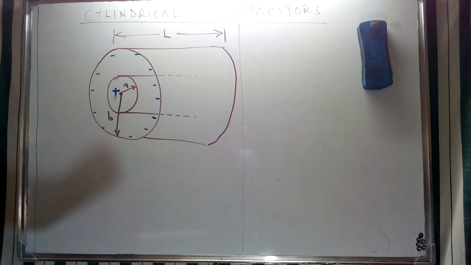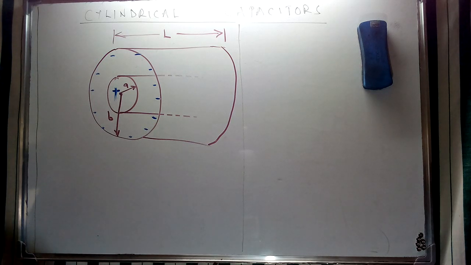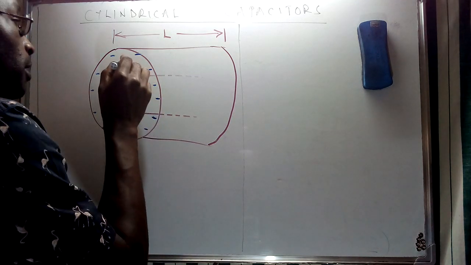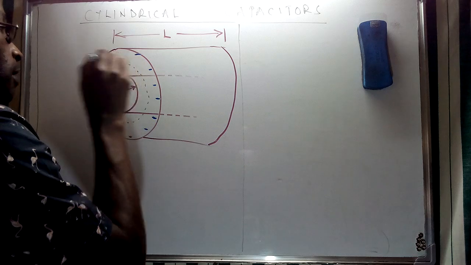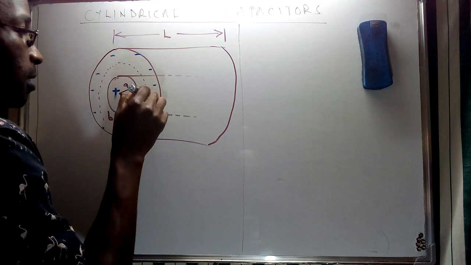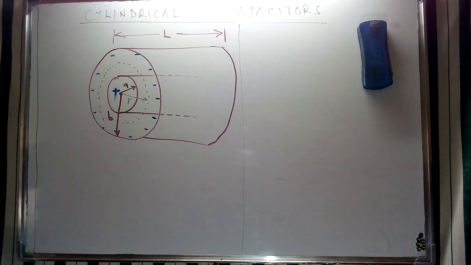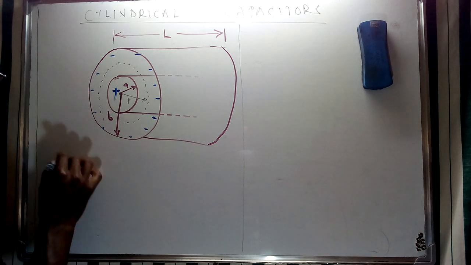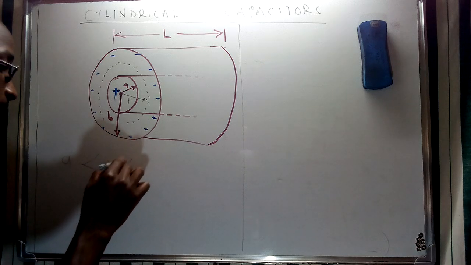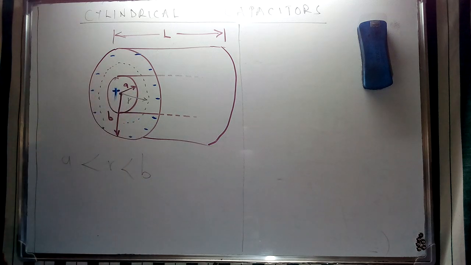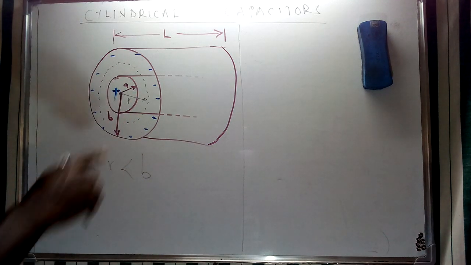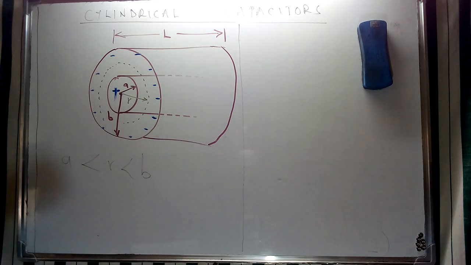We consider our Gaussian surface to be coaxial to these cylinders, an area bound by a radius that we illustrate by R. This R is going to lie between A and B, so R is greater than A but smaller than B. That forms the imaginary surface I've demarcated as the Gaussian surface.